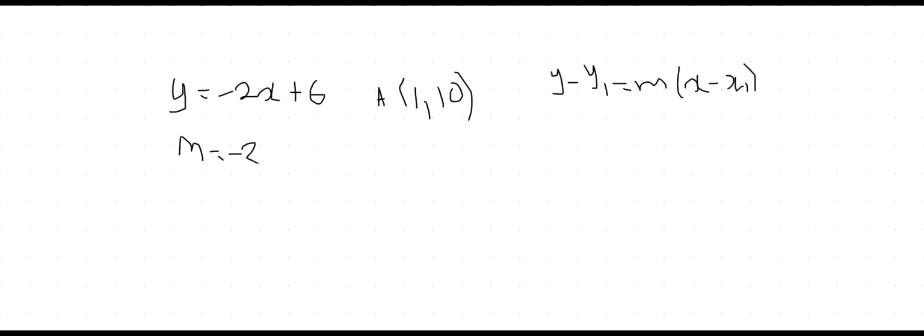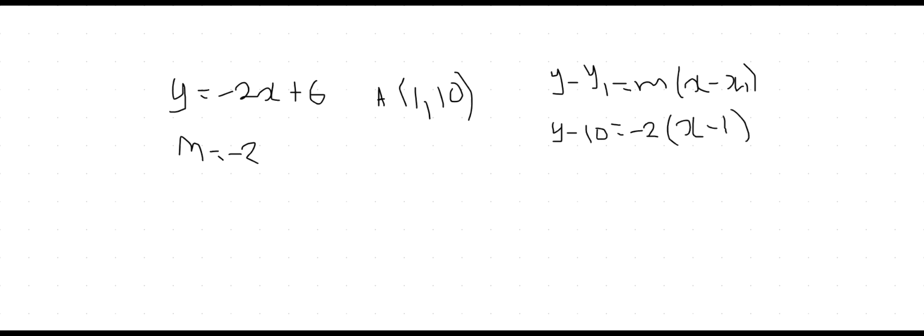So we have y minus 10 is equal to, our gradient is negative 2, then we have x minus 1. And then we solve and simplify and leave it in standard form.